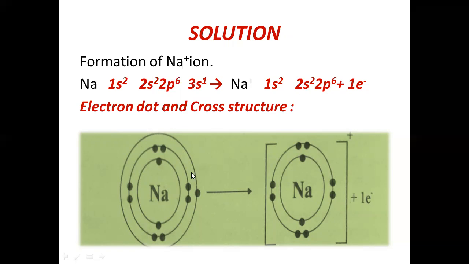In this case, sodium has atomic number 11. It has two electrons in the first shell, 8 electrons in the second shell, and only one electron in the third shell. After losing that one electron, only two shells will be left. The first shell will have the same two electrons, and the second the same 8 electrons. But as it loses the outermost shell, we will write the bracket with a positive sign. This one positive sign means it loses one electron.